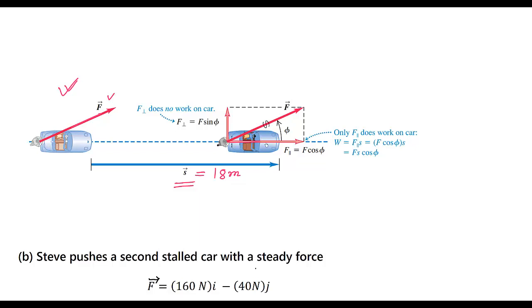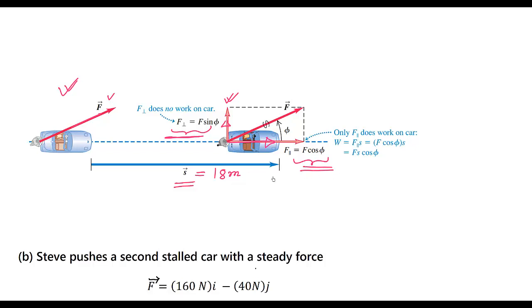One component in this direction, that is F cos phi. Another component in this direction, that is F sin phi. So you see, force has two components. One component is perpendicular to the direction of displacement, that is F sin phi, the perpendicular force. Another is parallel to the direction of displacement, that is F cos phi.